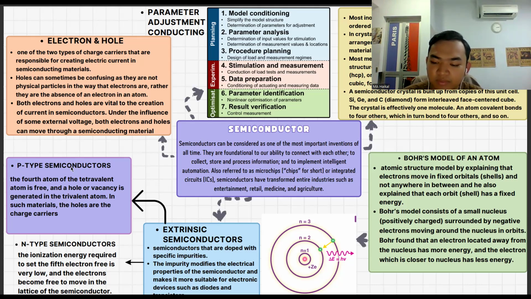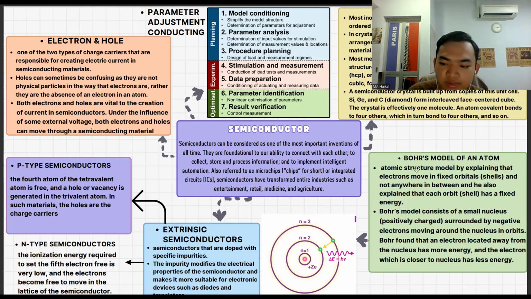Bohr found that an electron located away from the nucleus has more energy, and an electron closer to the nucleus has less energy. In the Bohr model of an atom, we can see the electrons do not move anywhere away from the shells, and this is the diagram of it.